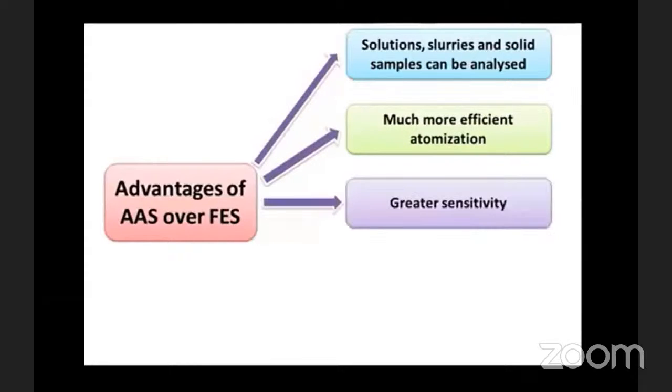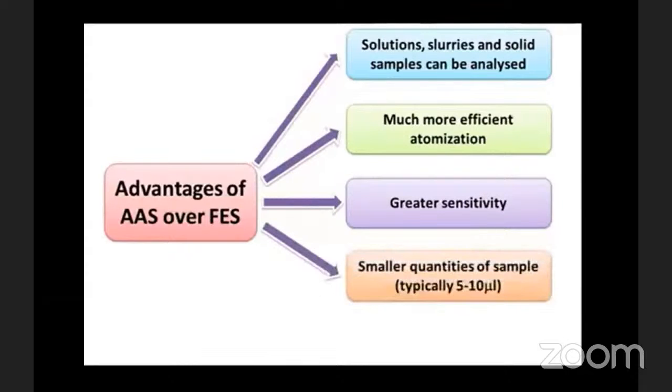AAS has greater sensitivity over flame emission spectroscopy as there is a minimal loss of sample. Smaller quantities of samples are required. Typically 5 to 10 microliter of the sample is enough for atomic absorption spectroscopy, whereas a very large quantity of sample is required for flame emission spectroscopy.